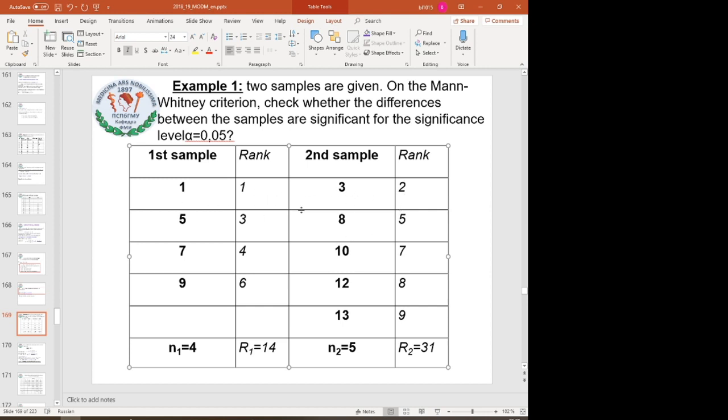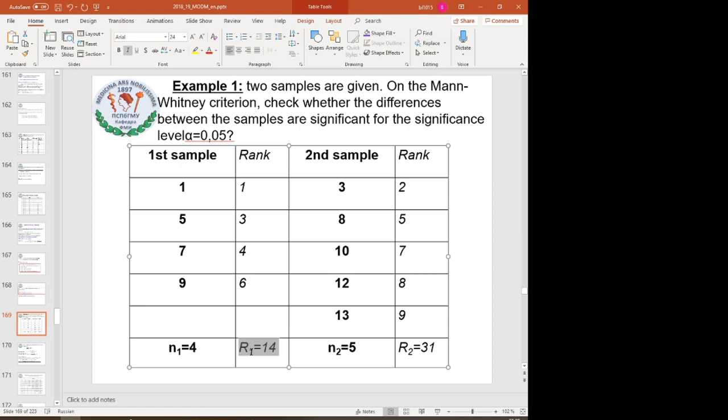So 1, 2, 3 go to 5, 5 to 8, 4 to 7, I missed. Then 9 will have rank 6, and 10, 12 and 13 get the next ranks 7, 8 and 9.